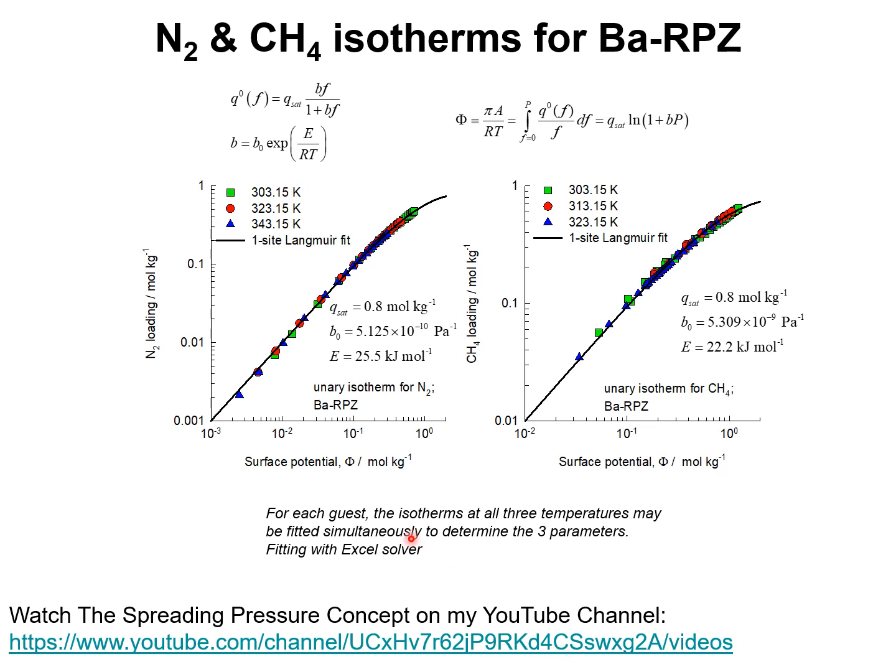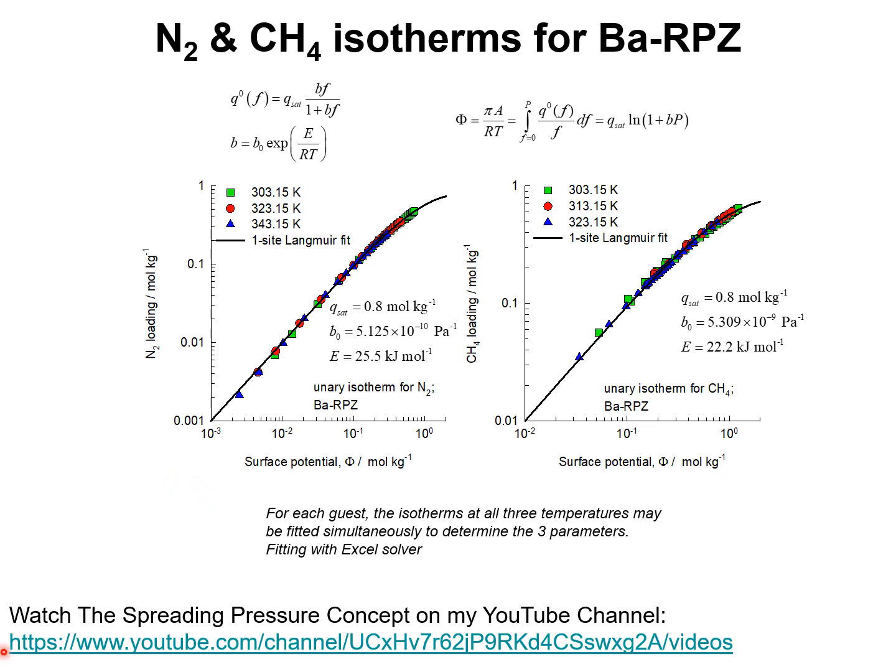The advantage of using the surface potential as x-axis is that the data set at all three temperatures collapse to a single curve, and the continuous solid line shows this single site Langmuir fit.